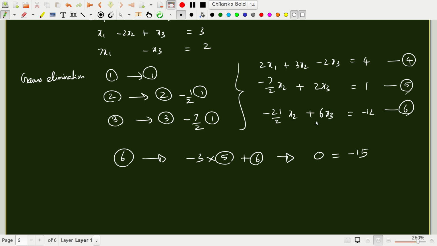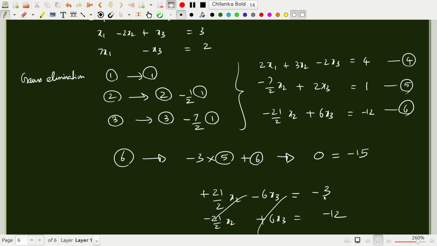So after changing this equation so as to eliminate this, when I multiply equation 5 by minus 3, I will get plus 21 by 2x2 minus 6x3 is equal to minus 3, and then the sixth equation is minus 21 by 2x2 plus 6x3 is equal to minus 12.